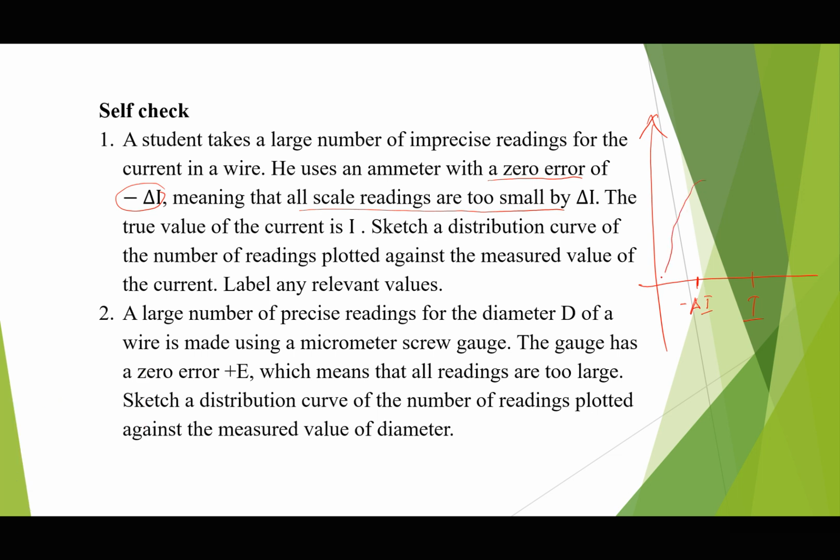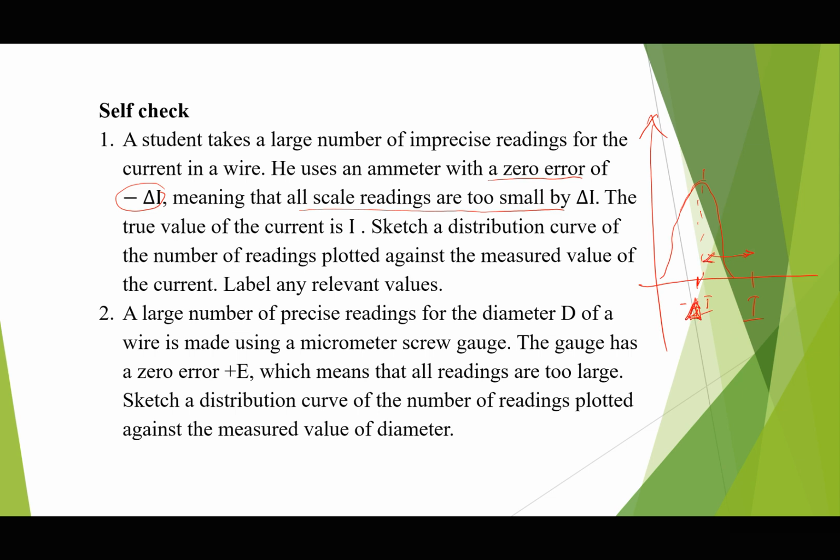So relatively wider distribution graph, and its average, the peak, is this side, giving us delta I this side. So there is a range between the two: the true value and the average of all these values.